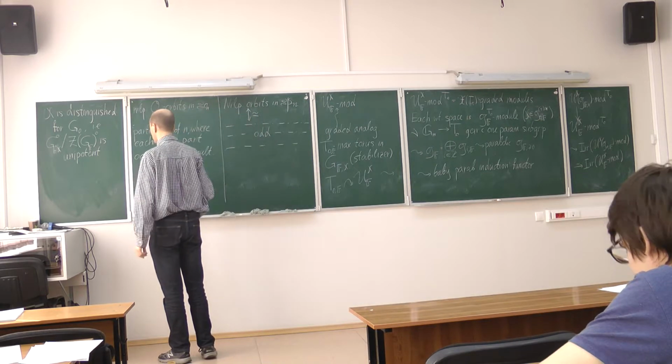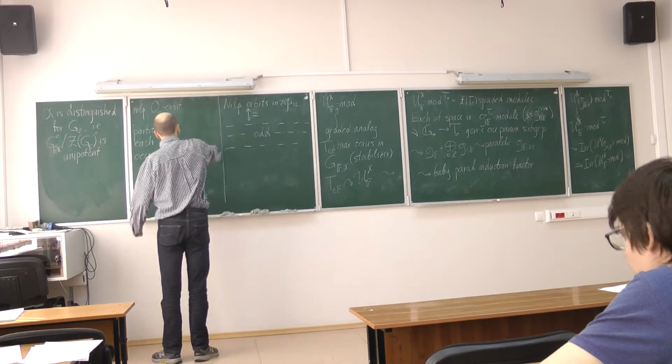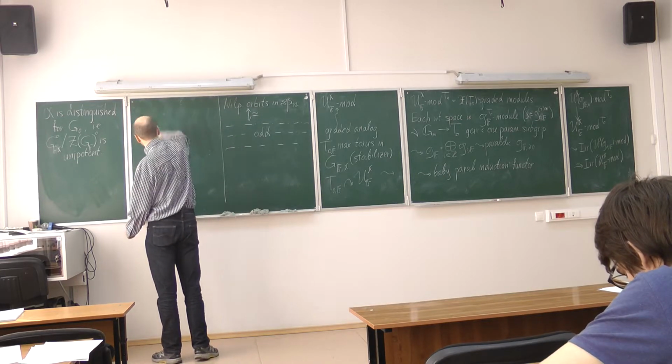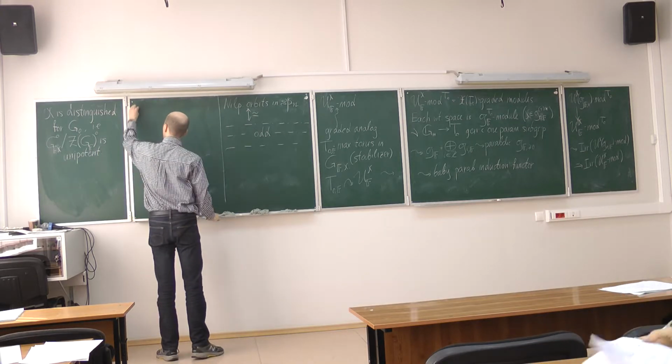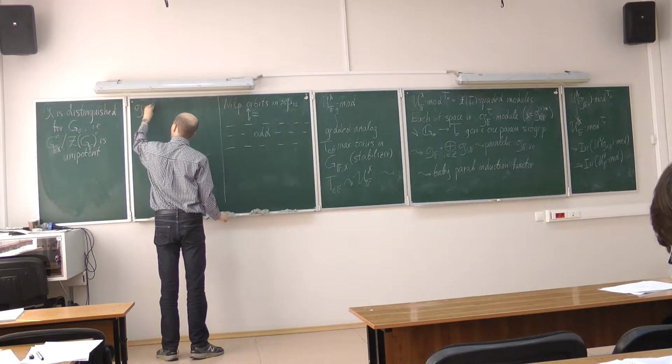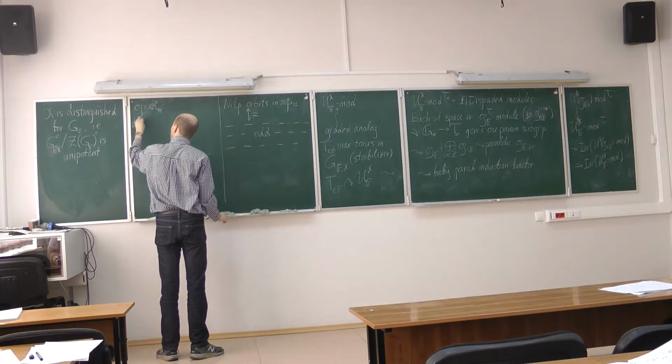How do distinguished elements look in classical Lie algebras? So when G is equal to SL_N, then distinguished is the same as principal.